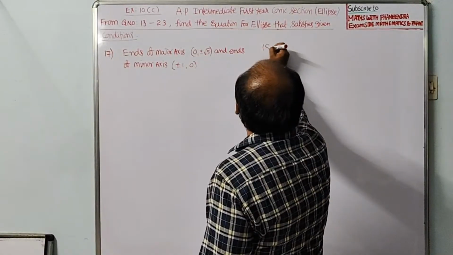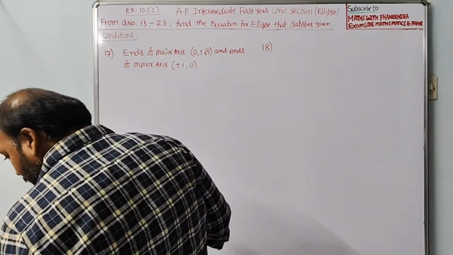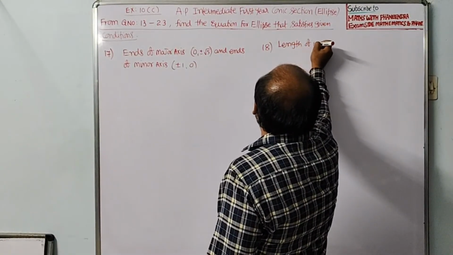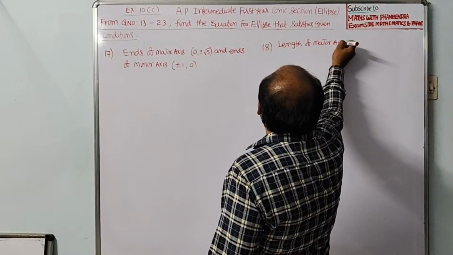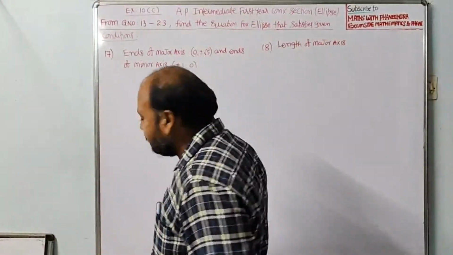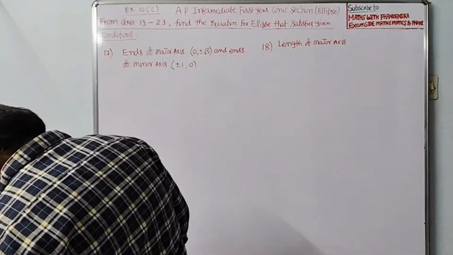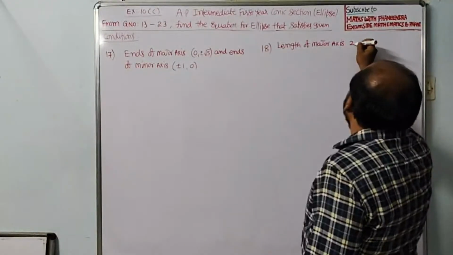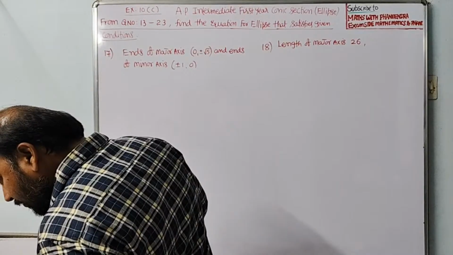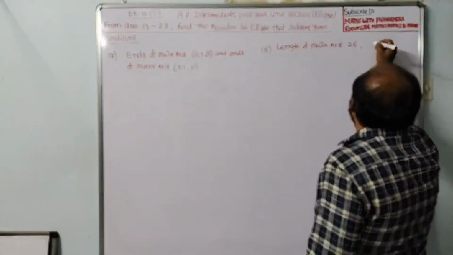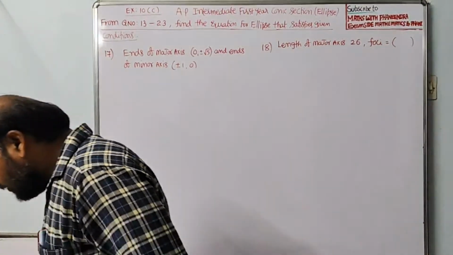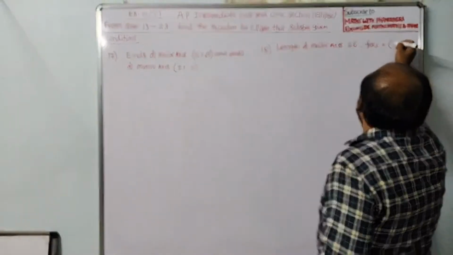Next question number 18. The length of major axis 26, foci coordinates plus or minus 5 comma 0. If we do these questions, you will get perfectness in solving ellipse equations.